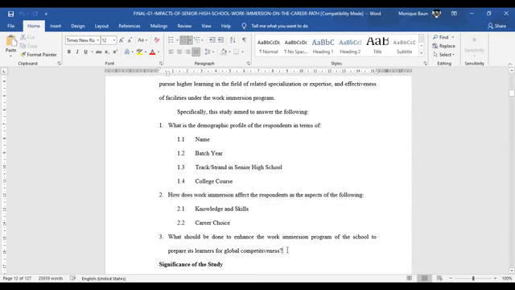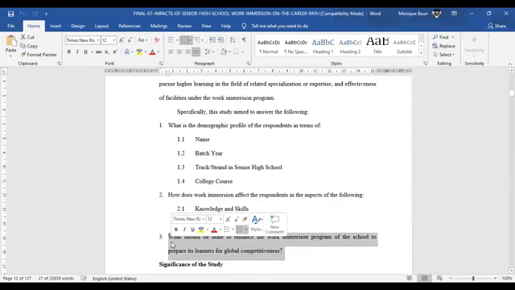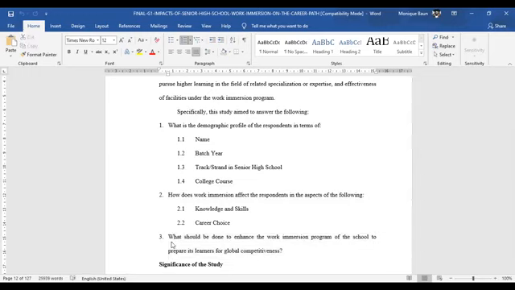Then the last SOP, after you will be able to identify the impact of work immersion, the last one would be what should be done to enhance. Okay, so we can assume that there will be weakness of the study.